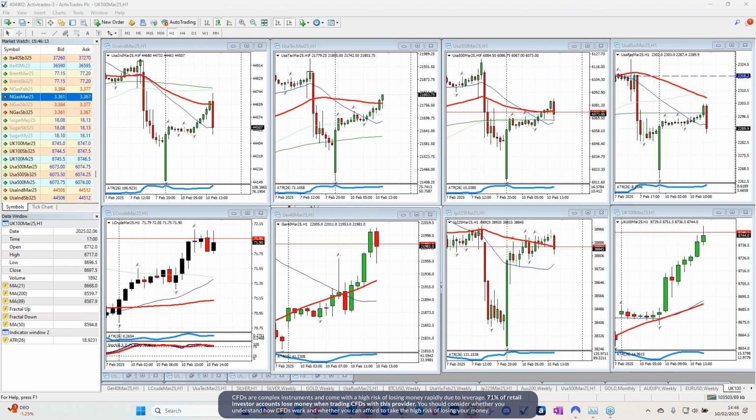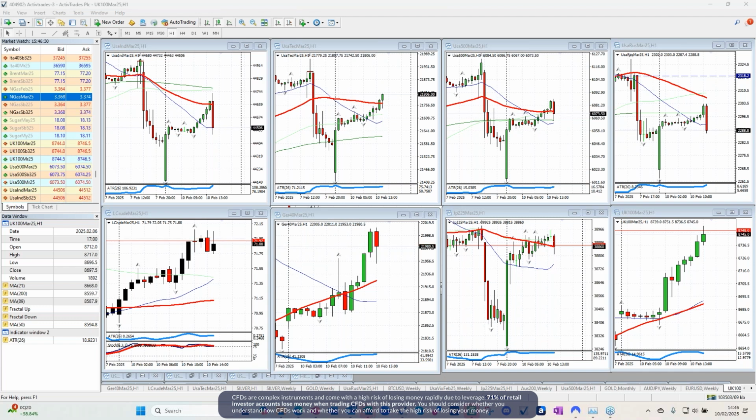So, of course, today with ActivTrades, you have the opportunity in terms of charting platforms. You have access to ActivTrader, TradingView, MT5 and MT4. Today, we're just using the MT4 because it's easy for me to show you lots of charts at the same time.